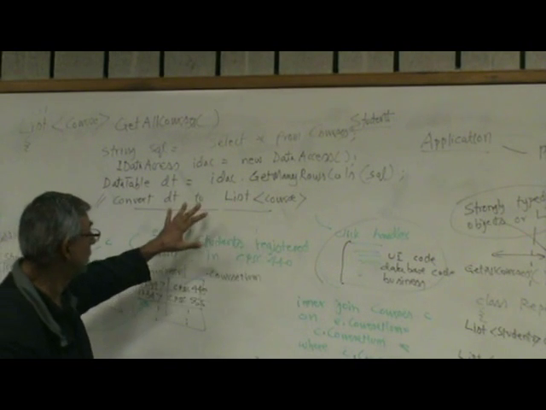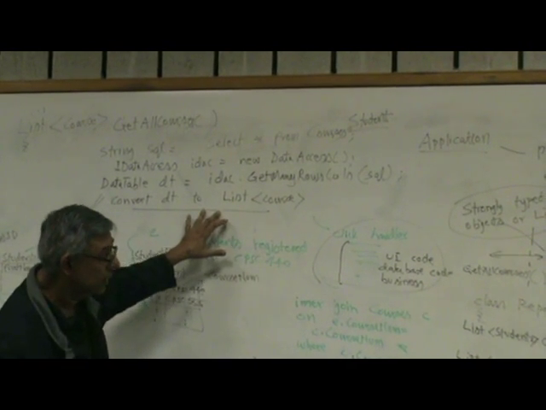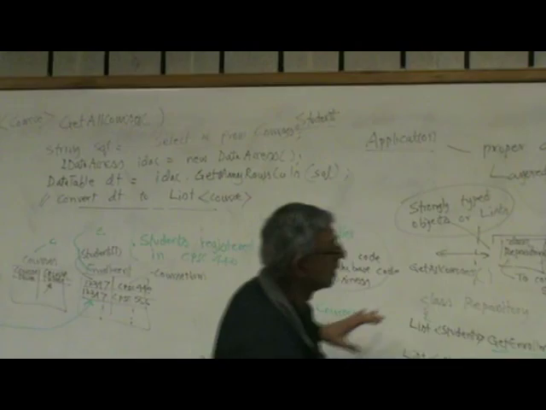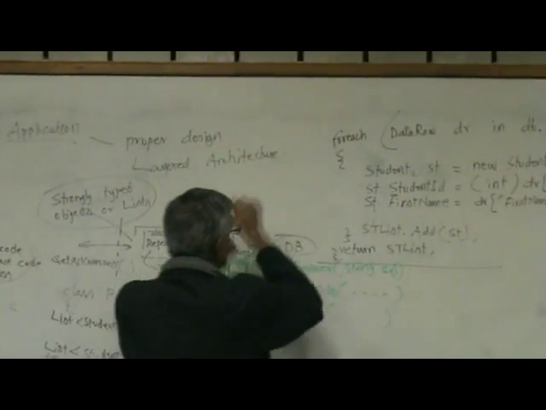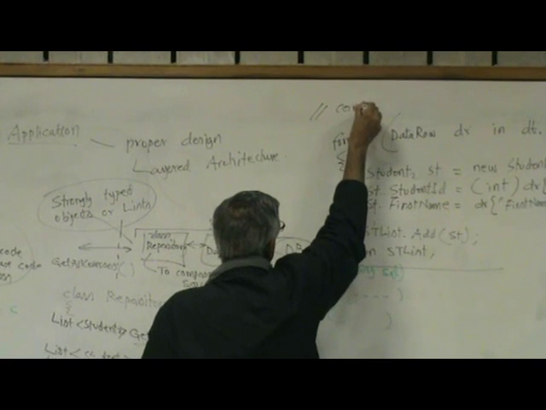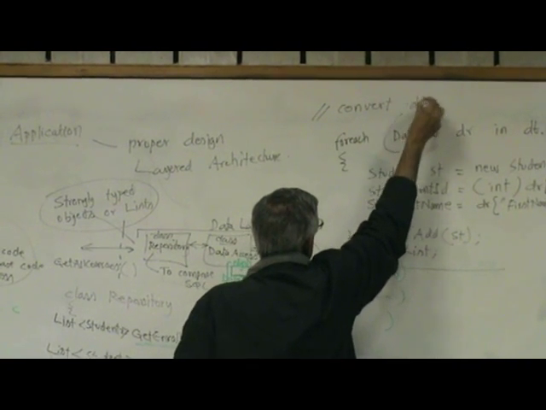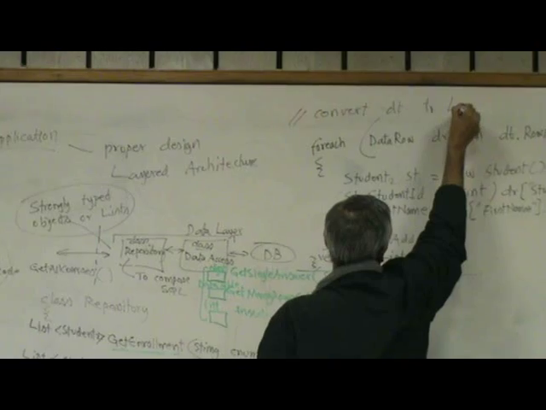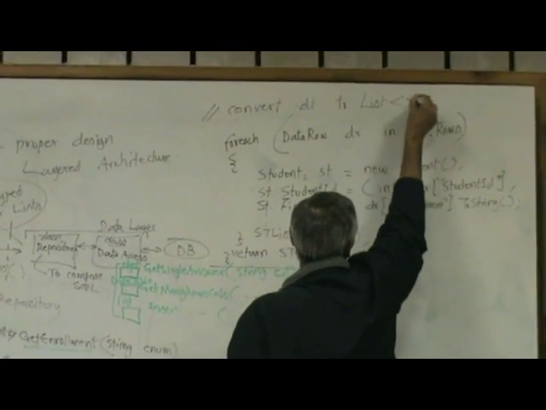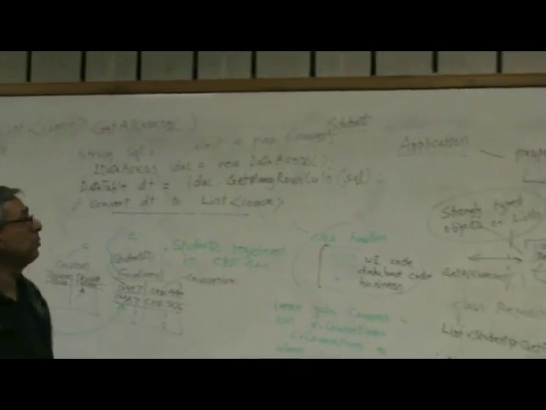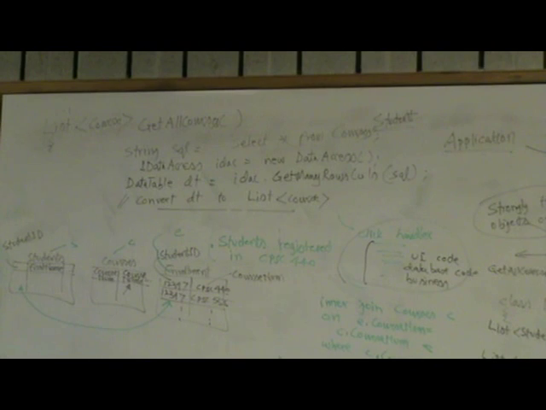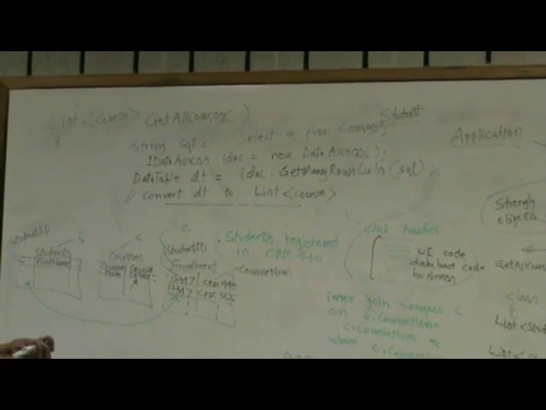So for example, what was the difference between here and this part over here? Here, what were we converting the DT to? List of students. Convert DT, which is the data table, to list of student, correct? And here we were converting it to list of course. Another case, we may be converting to list of faculty or professor or whatever, right?